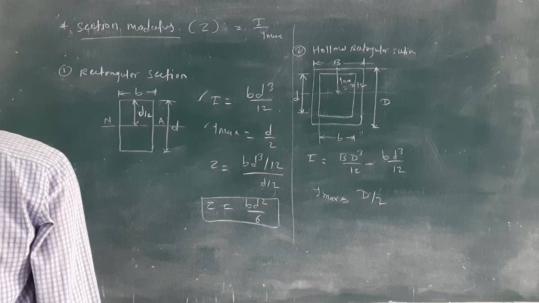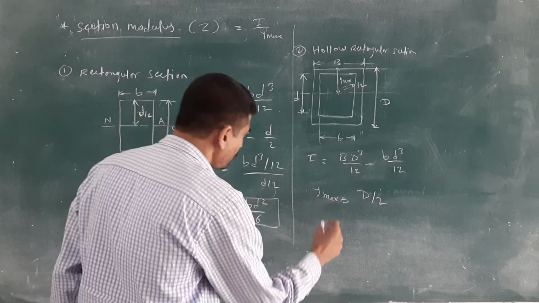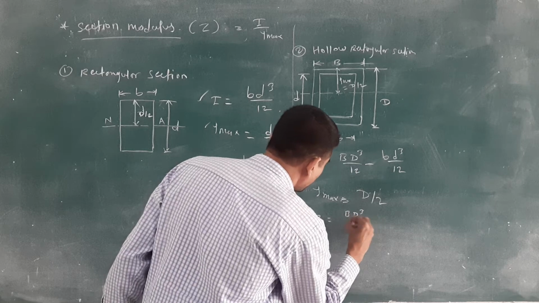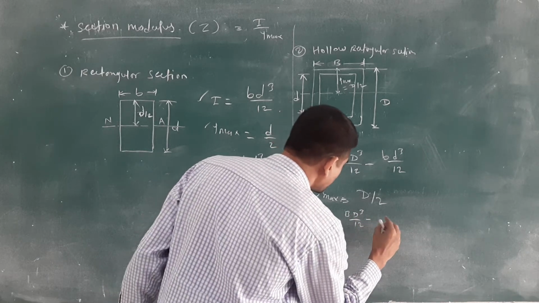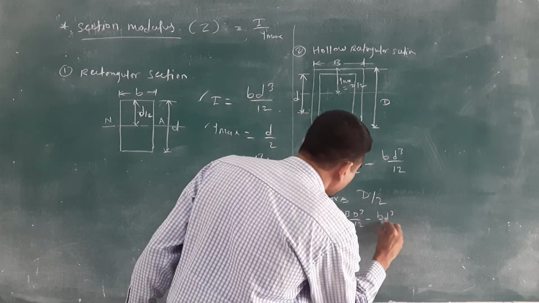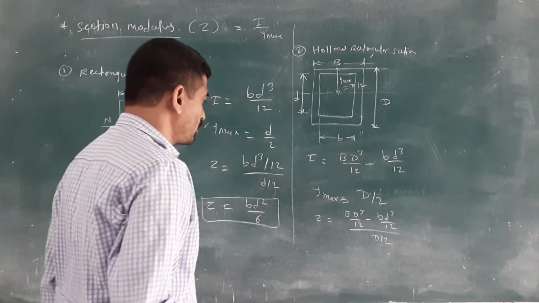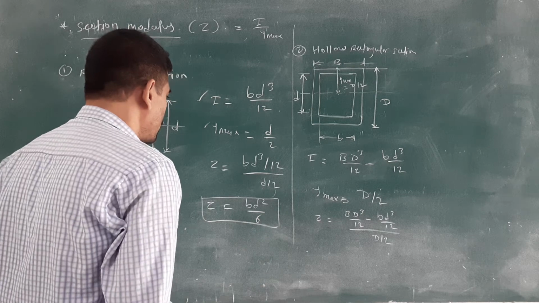Then what will we get? Z is equal to BD cube divided by 12, divided by D by 2. What will you take common?